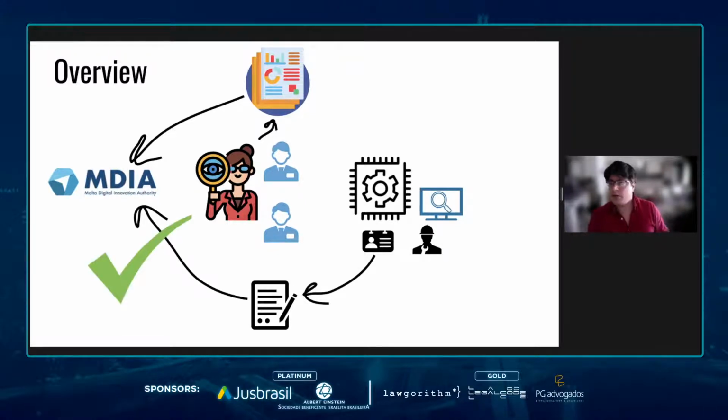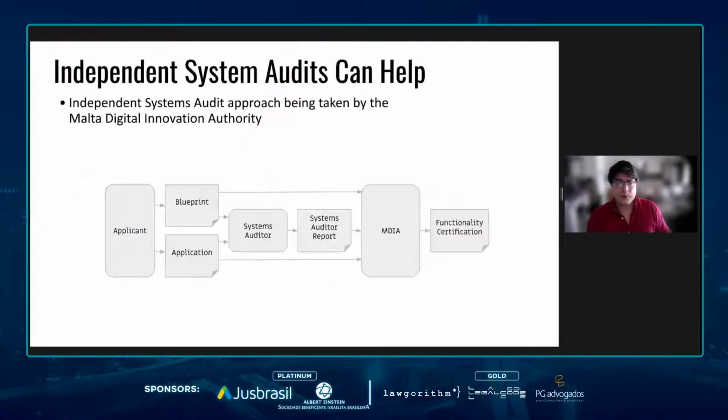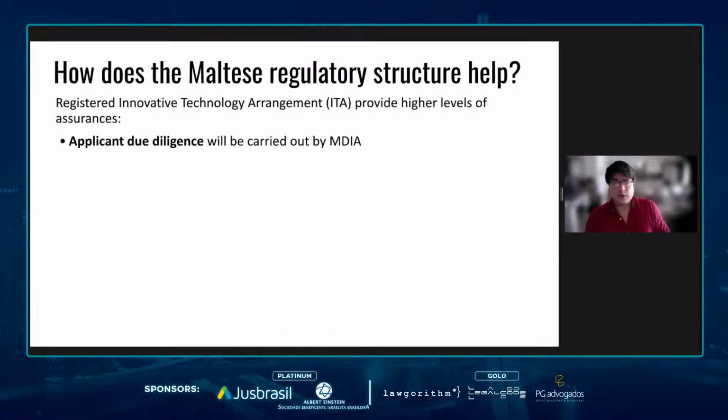And if this all goes well, then we issue certification and the software is deemed to be fit for purpose. So looking at the process, the applicant really comes to us with a blueprint of their software and the application. And like I said, that goes to the system auditors. Then along with the system auditor reports, if the MBIA is happy, we finally issue certification for that.